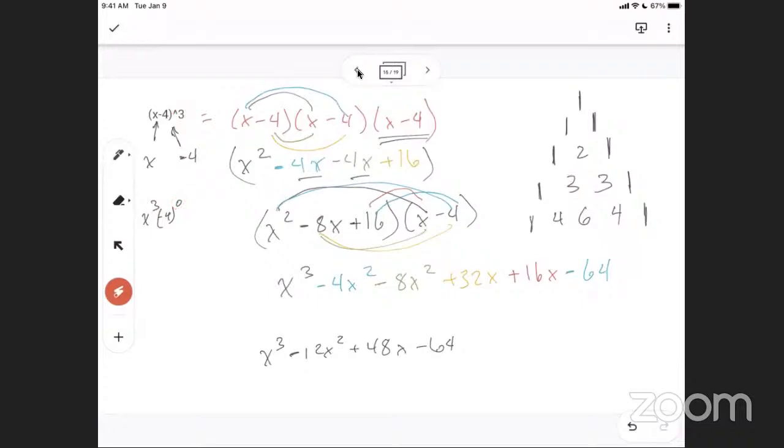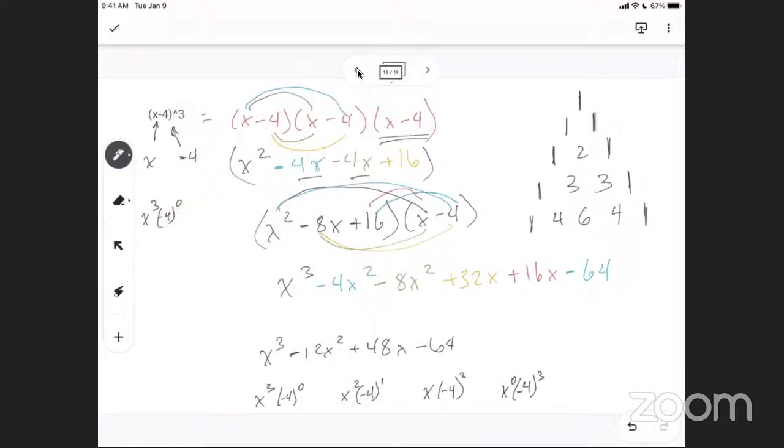So watch, I'm going to do this at the bottom. I start with x cubed and -4 to the 0, and then I make it x squared and -4 to the 1, and then I go x to the first and -4 to what? Second. Good. Then I go to x to the 0 and -4 to the third.